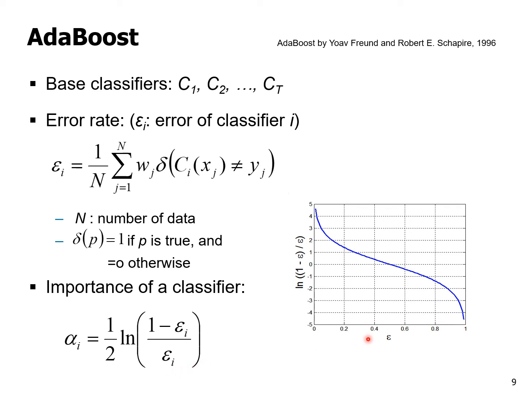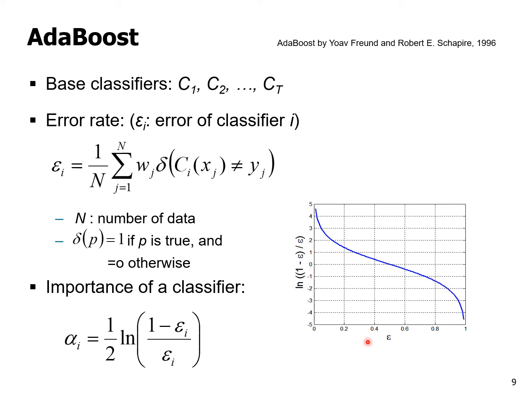This picture shows the shape of this function. The x-axis is the error, and the y-axis is the importance of classifier, alpha. As the error increases, the value of alpha, the importance or weight value, decreases monotonically. That makes sense.